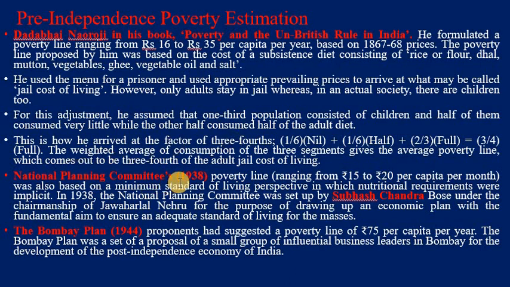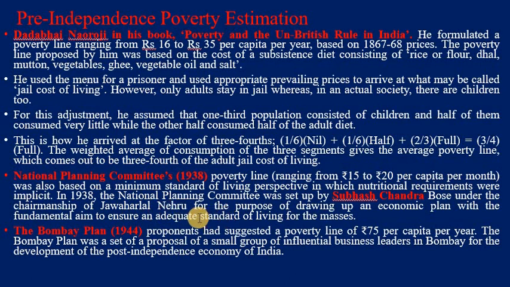This planning committee was set up by Subhash Chandra Bose under the chairmanship of Jawaharlal Nehru. For what? To draw up the economic plan with the fundamental aim of an adequate standard of living for the masses.